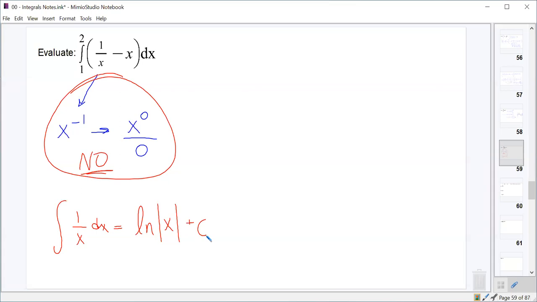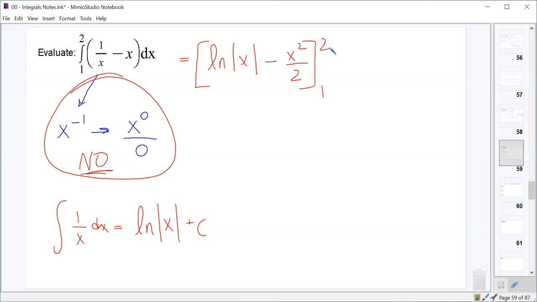So throwing that absolute value on there allows us to evaluate this integral even if we had negative x values, which isn't the case in this problem, but it's something we'll have to deal with in other problems. So our antiderivative of 1 over x is natural log absolute value of x, and our antiderivative of minus x is minus x squared over 2.